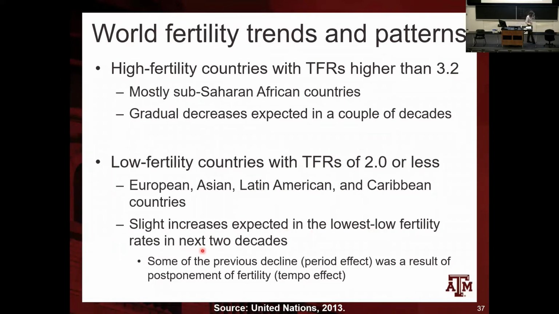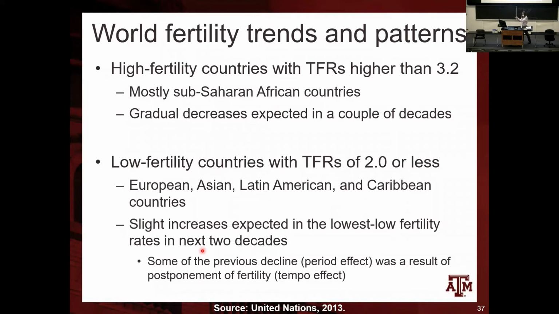So in this case here, let's just read this last sentence. Some of the previous decline was a result of postponement of fertility. What has been happening in some countries is that women are not deciding to have fewer children overall by the end of their reproductive ages. What is happening is that they're postponing the age at which they have children.